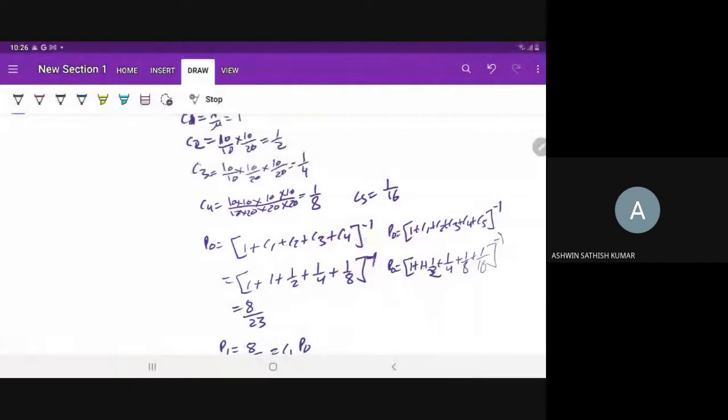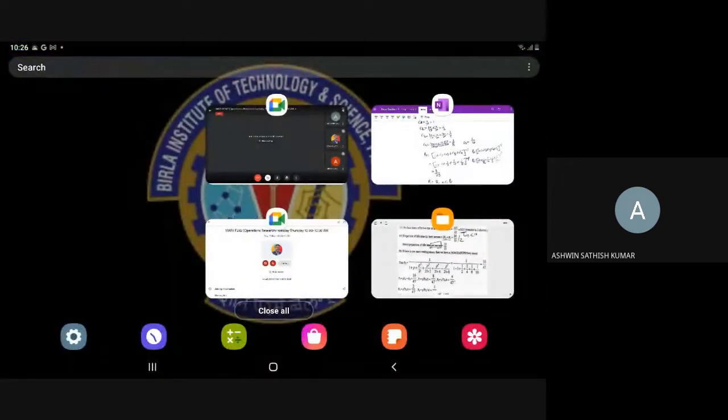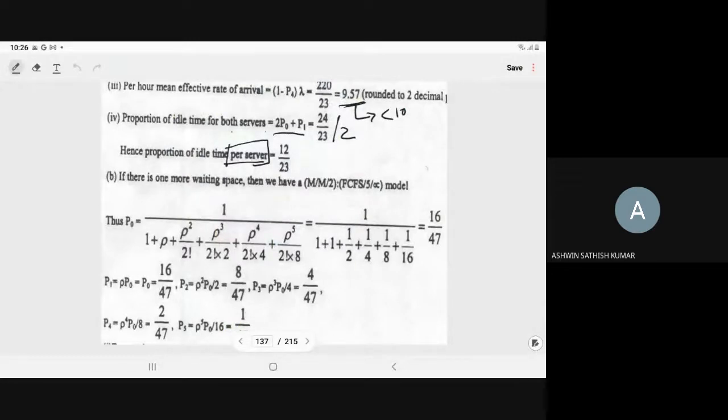So P naught for the second arrangement, for part B, will come as 16 upon 47. From here we can compute the values of P1, P2, P3, P4 and P5 as 16 by 47, 8 by 47, 4 by 47, 2 by 47 and 1 by 47.